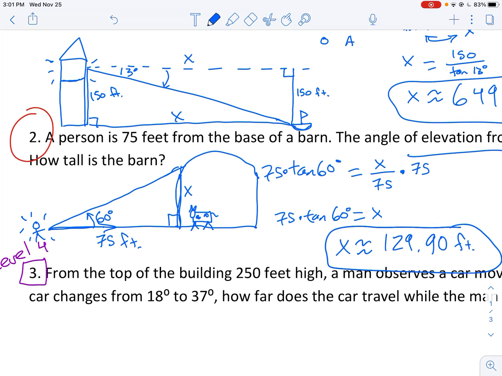So you're not looking exactly vertical, but you're looking a pretty good way up. If your distance from the base is 75, it's kind of normal for the barn to be about twice as tall as you are away from it. So that is reasonable. If we got something like 3, there's no way that this barn is only 3 feet tall. So you can kind of double check and make sure things are going pretty well.